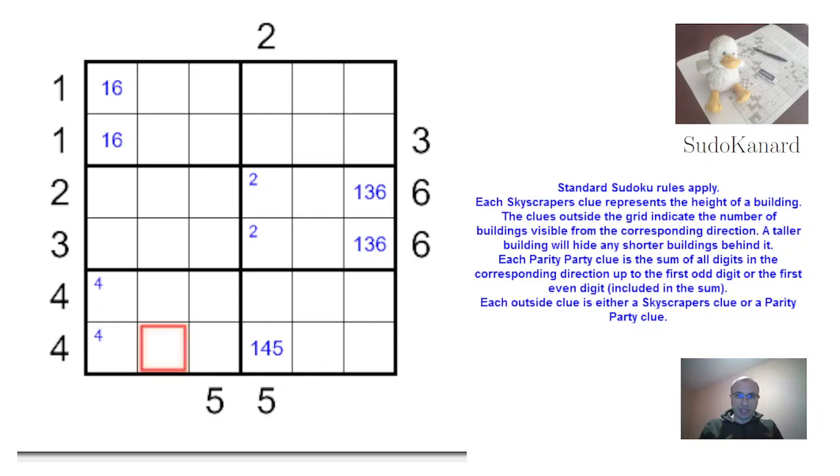Of course, that's the logic we already encountered. We have to do that again. So 4 is not here. That's still not easy logic. Oh, sorry, 4 has to be here. On the contrary. And now this is a skyscraper clue. So it must start with 2 or 3. There must be a 6 somewhere here.